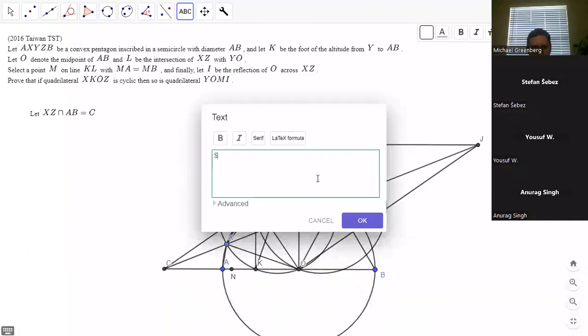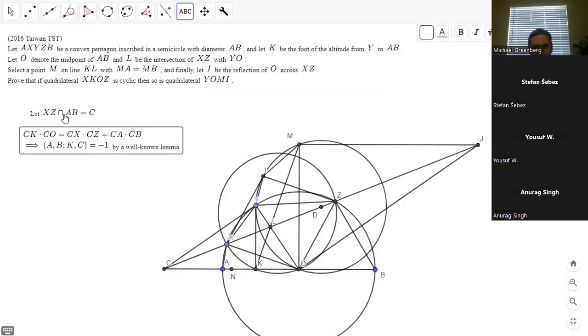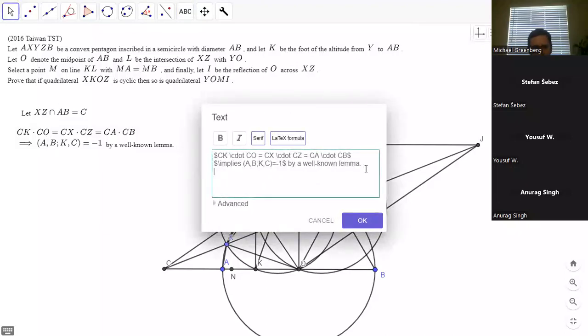So that means that AB, by a well-known lemma, and then that implies that YK is the polar of C. That means that CY is perpendicular to OY.